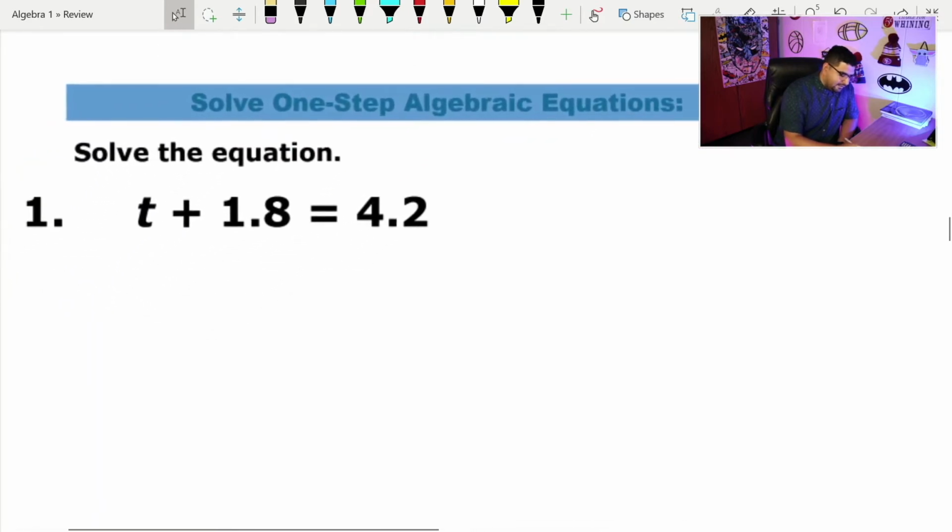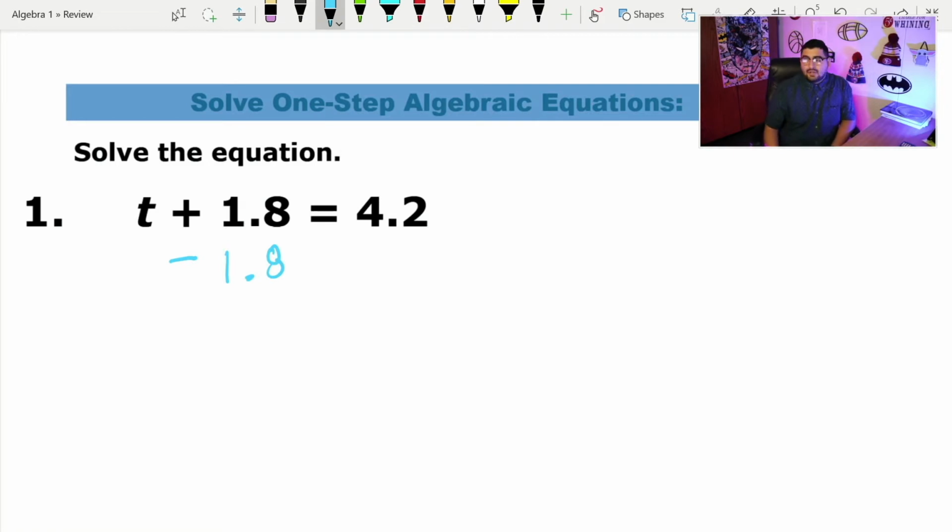Here, they're adding. So if they're adding, that's going to tell me that I need to subtract whatever they're adding. So if they add 1.8, I'm going to subtract 1.8. And I'm going to do that on both sides. Minus 1.8. Again, because that's how we keep balance.